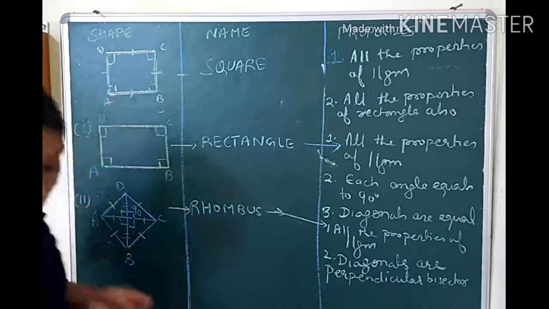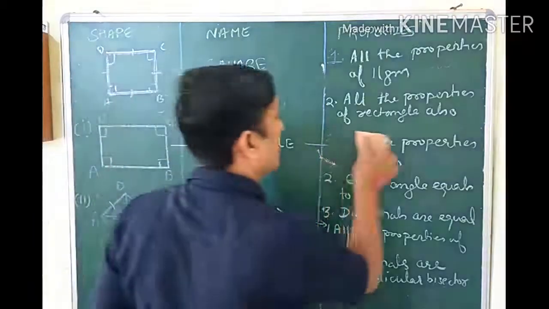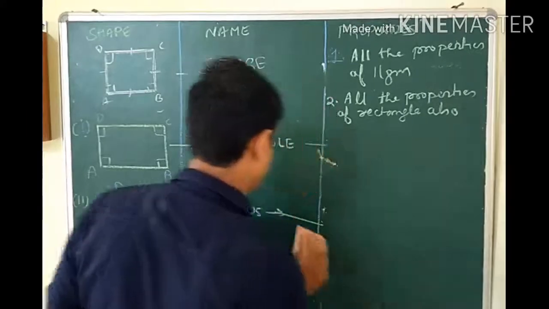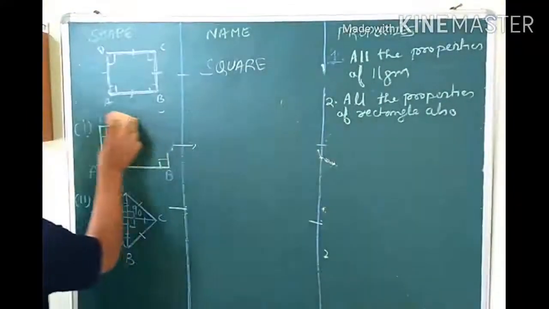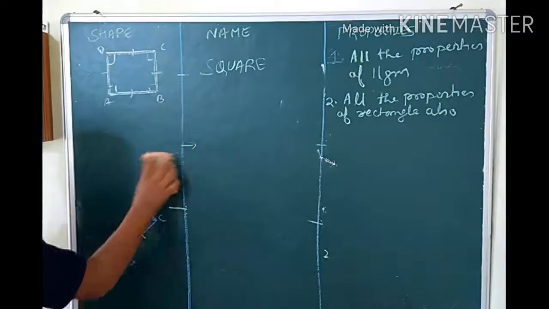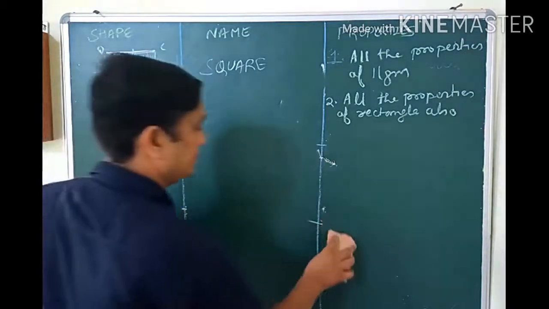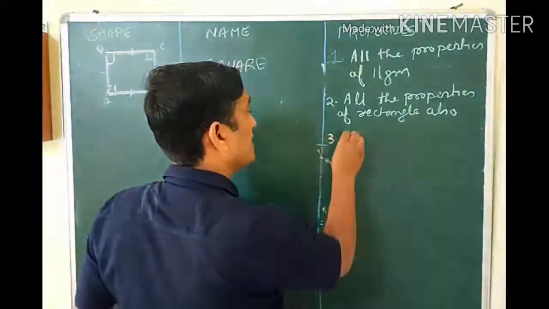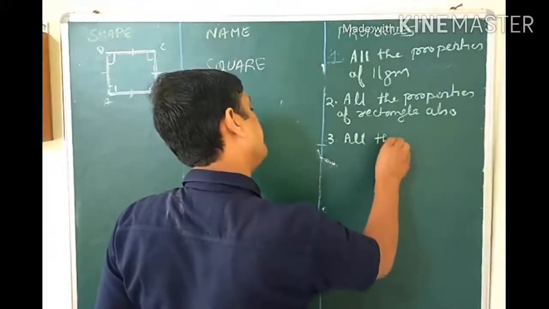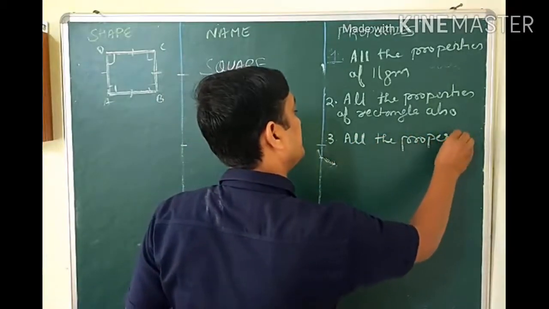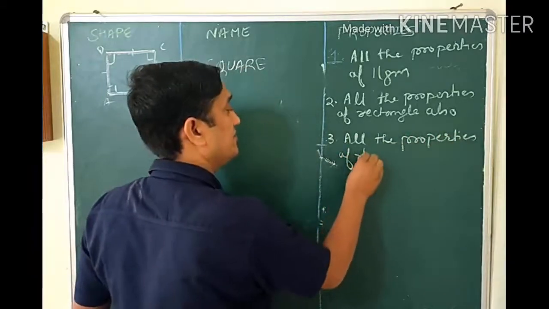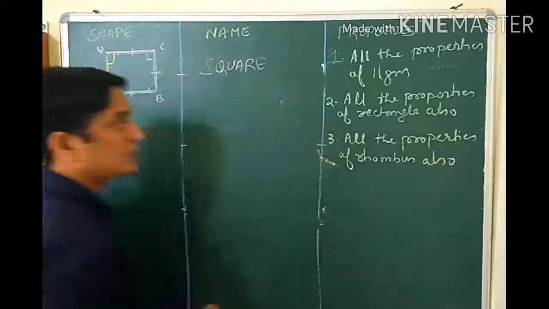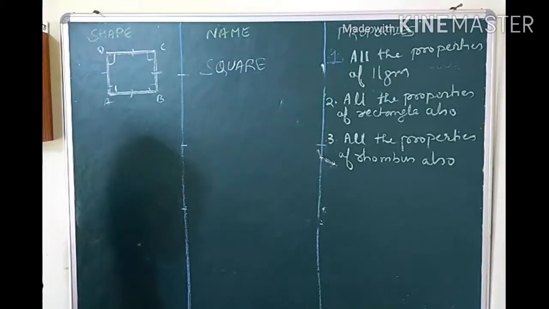So this square also possesses all the properties of a rhombus also.